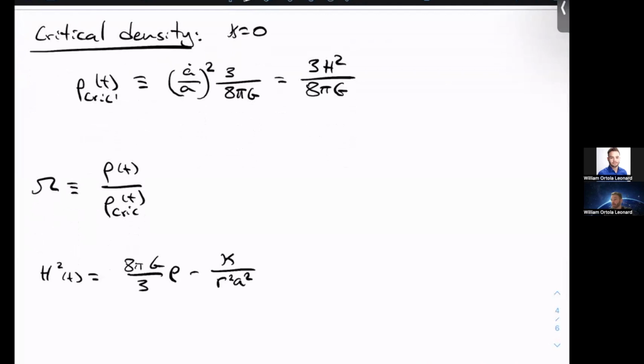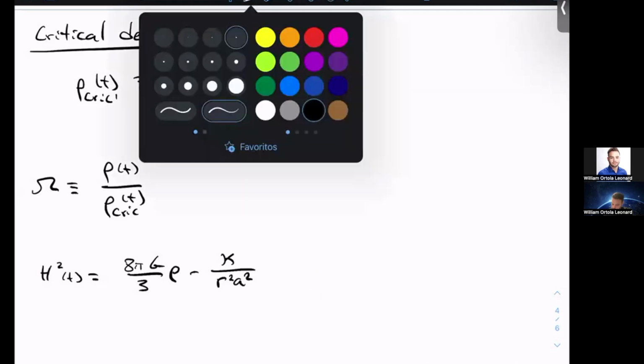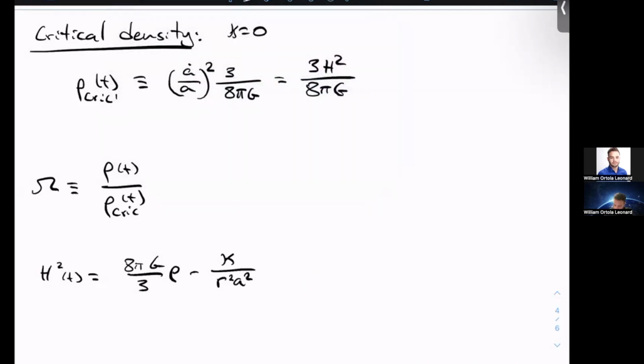What we will do next is divide both sides by the Hubble parameter squared, H squared. And what we end up finding is the following. We have 1 divided by H squared, 8 pi G over 3 times rho, minus kappa over H squared R squared times a squared.